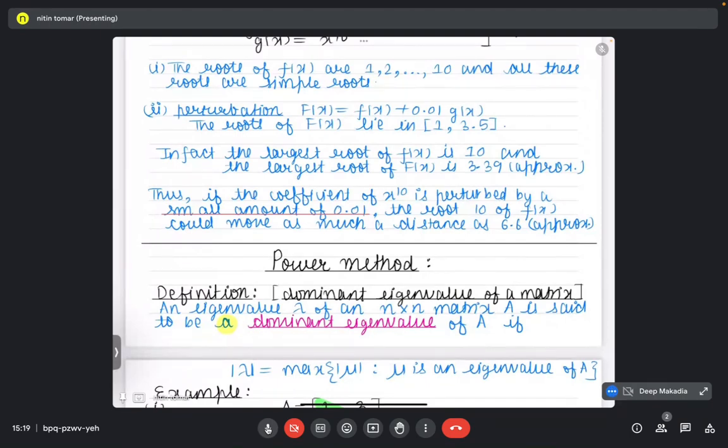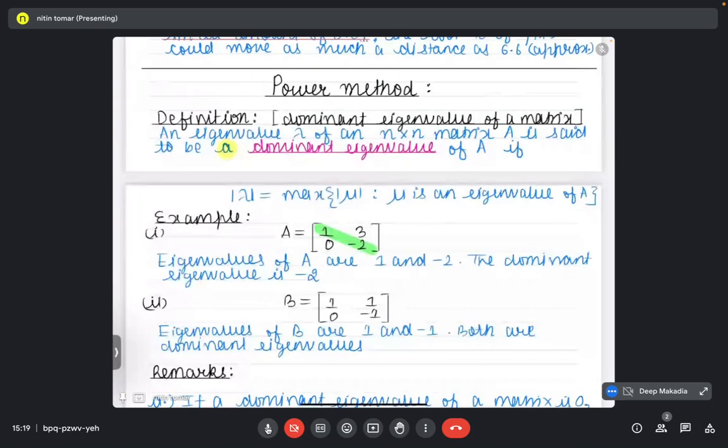Now the power method. So for that we first need a definition. Definition: dominant eigenvalue of a matrix. So how do we define it?